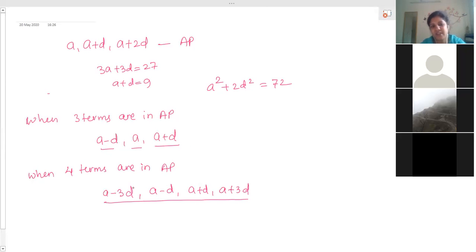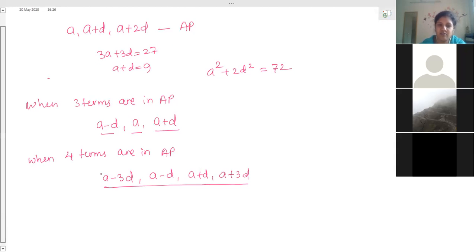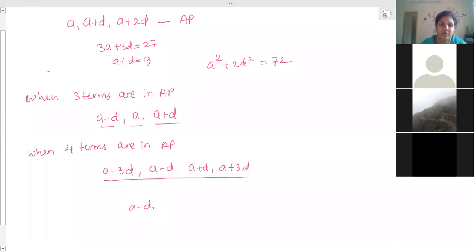Now if you take the terms as A minus 2D and A plus 2D, why 3D? You will consider that is why it is A minus D, A plus D. Then why don't we take A plus 2D and A minus 2D? See the difference between these two. What is the difference?